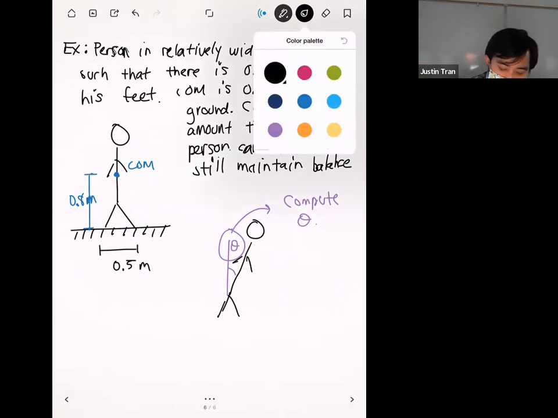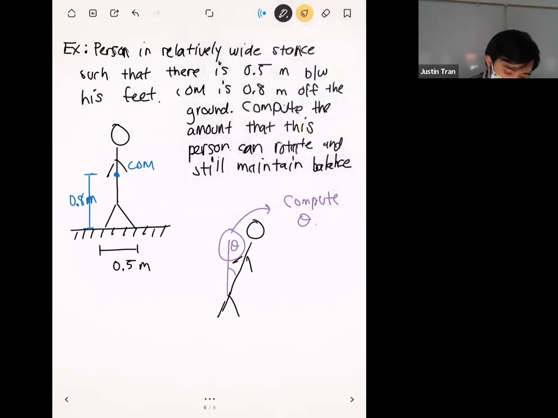If we draw our imaginary cone like that, as long as the center of mass stays within that cone, then we're good. The limit of this is the situation where the person's center of mass is right at the edge of this cone.